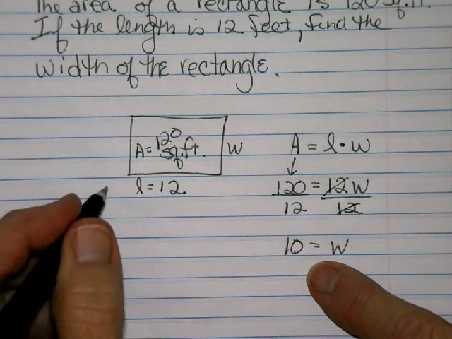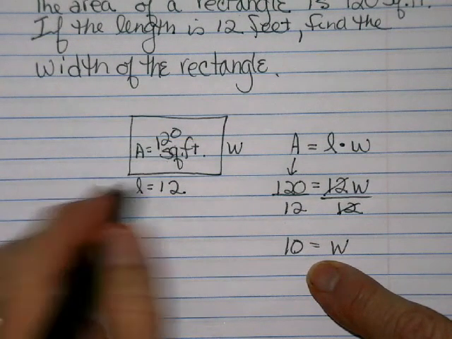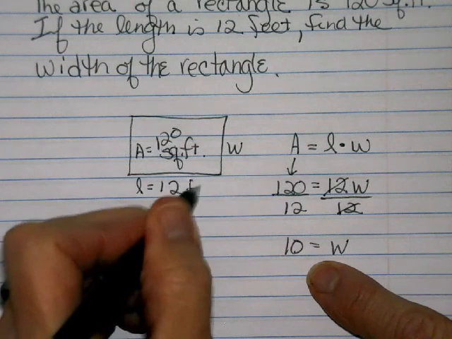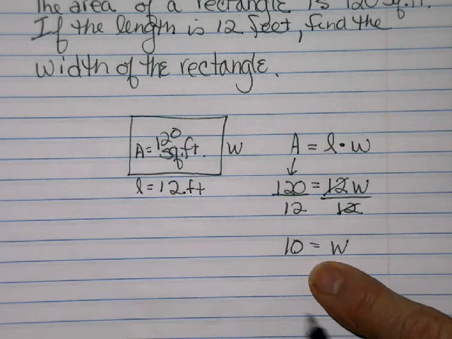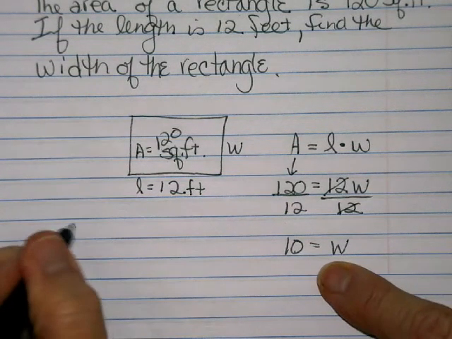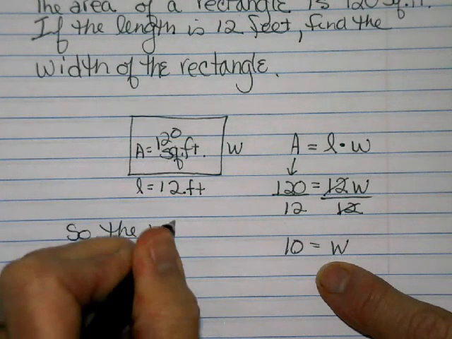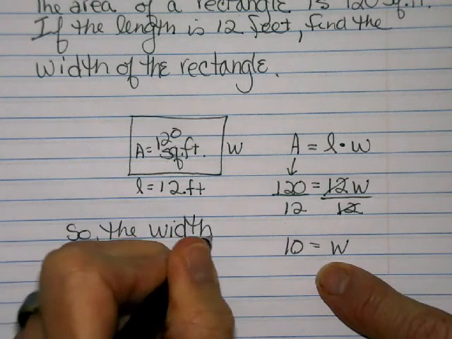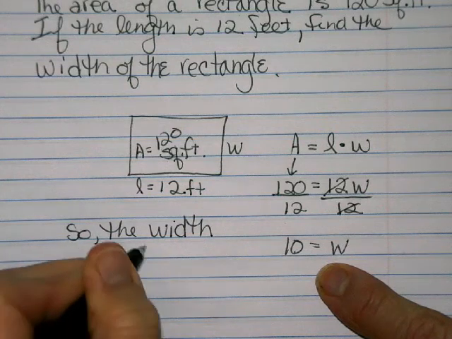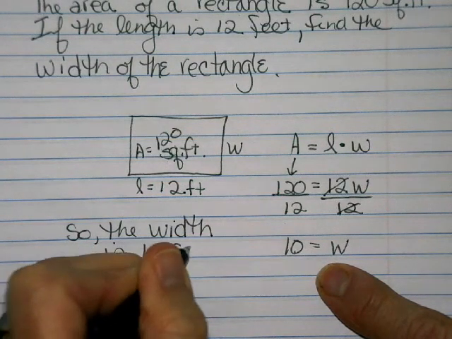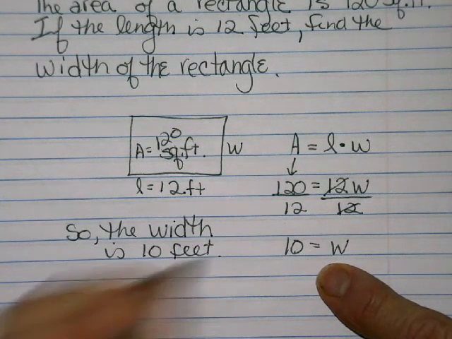And what's the label? What's the width label? The length was feet. The area was square feet. What's the width? The number was wrong. The label is right. 10 feet.